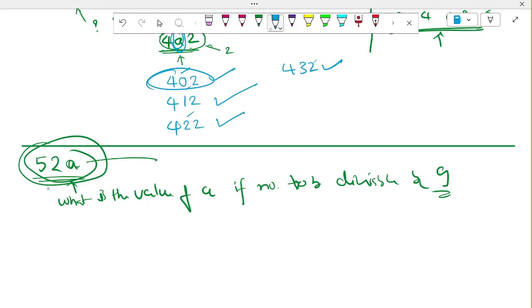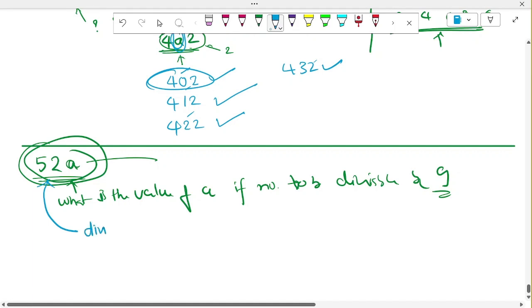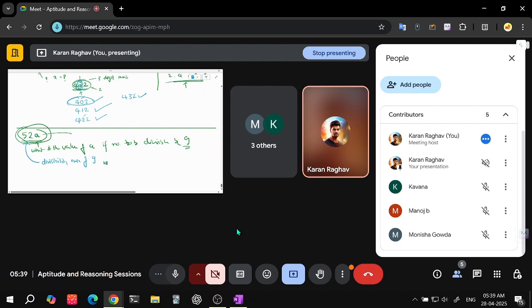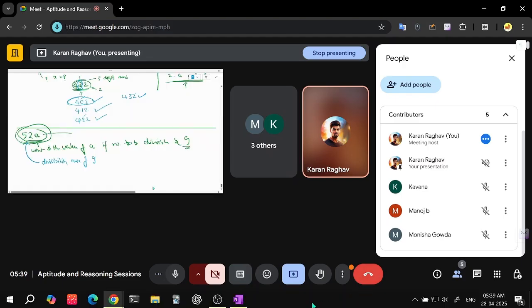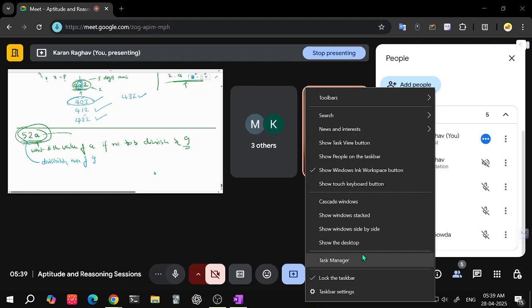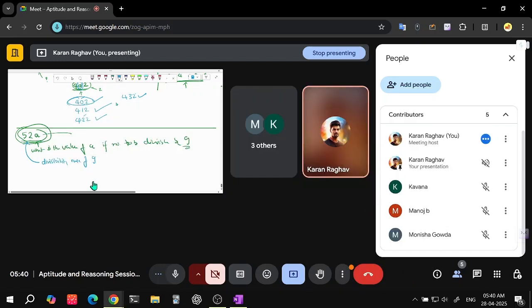Now I'll give you a hint on how you will solve this question. You remember the divisibility rule of 9? You remember this part? I hope I am audible. Wait for some time. Just try to solve this question and tell me what is the possible value of a. I'll tell you the rule.